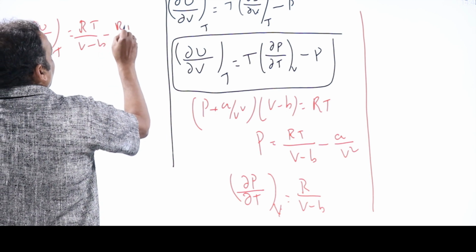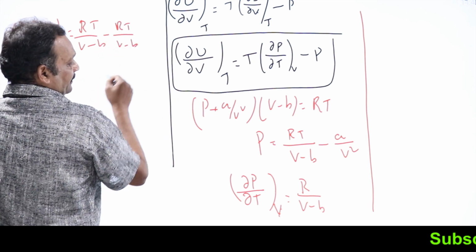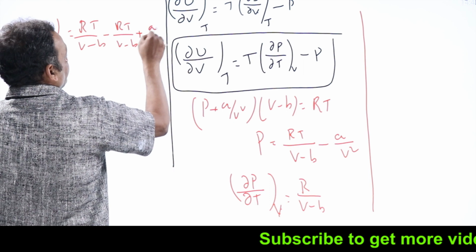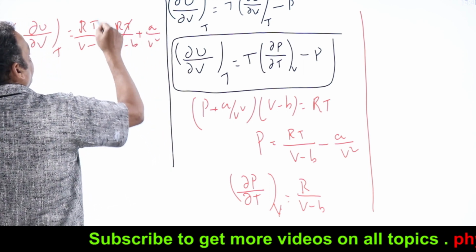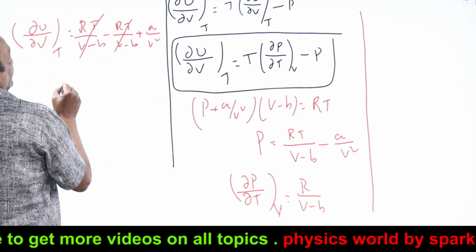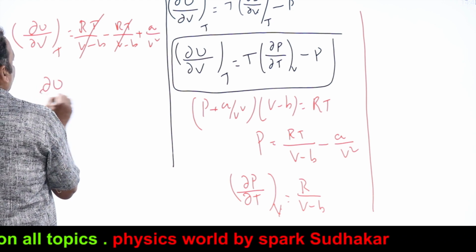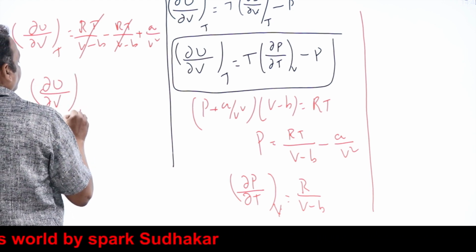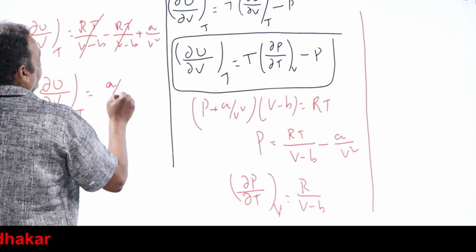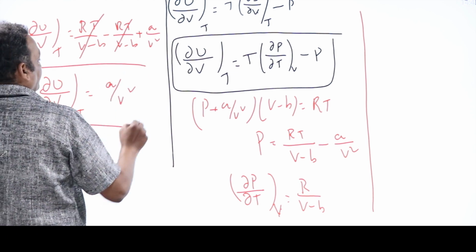So minus RT by V minus B, minus of minus will become plus A by V square. RT by V minus B gets cancelled. So dou U by dou V at constant T is equal to A by V square for a real or van der Waals gas.